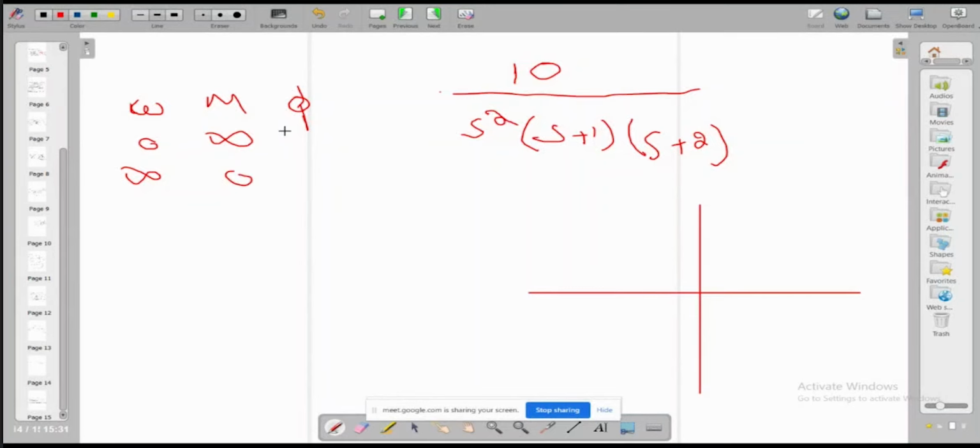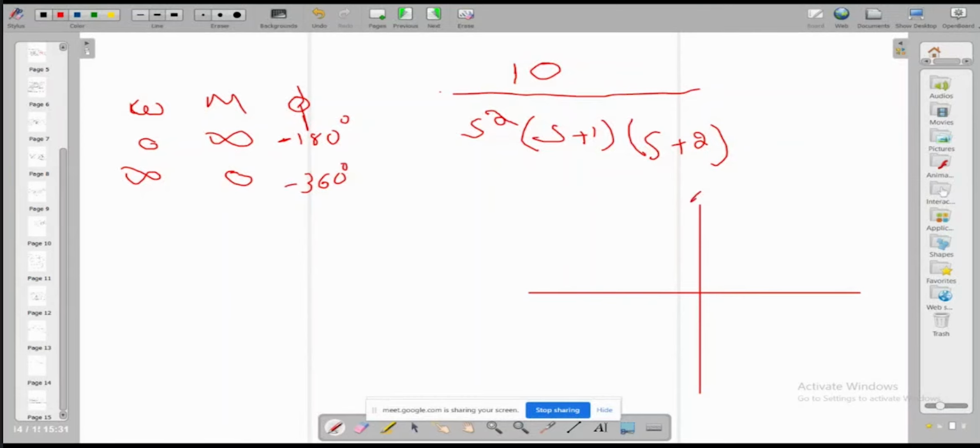The phase at omega equals 0 is minus pi, that is minus 180 degrees, and at infinity it is minus 360 degrees.